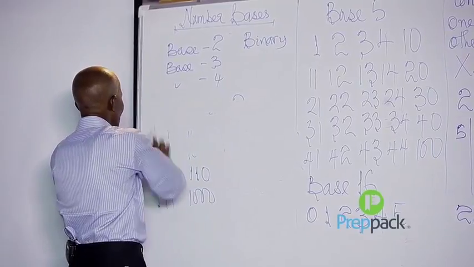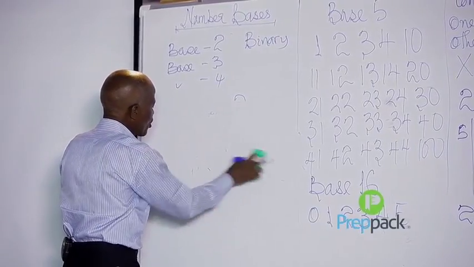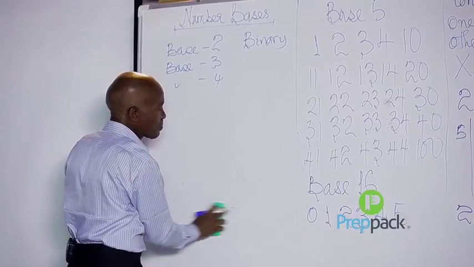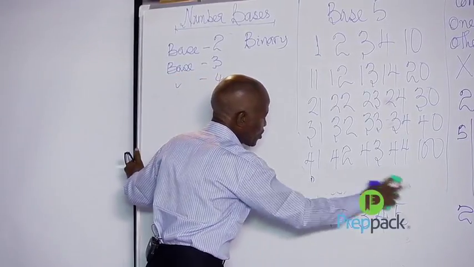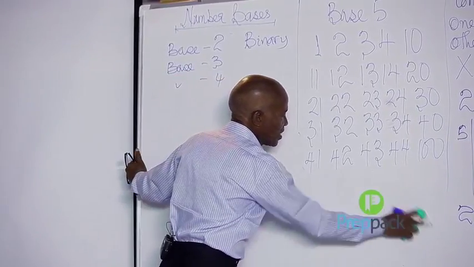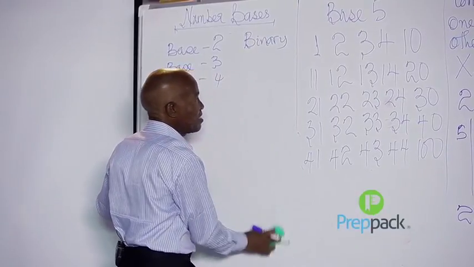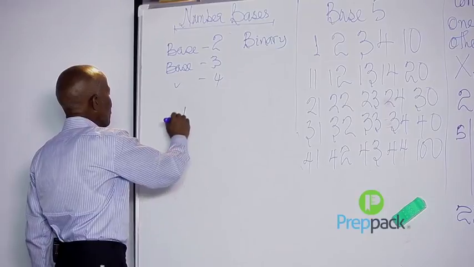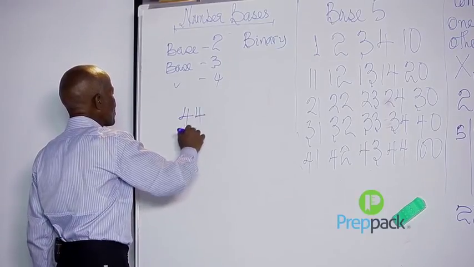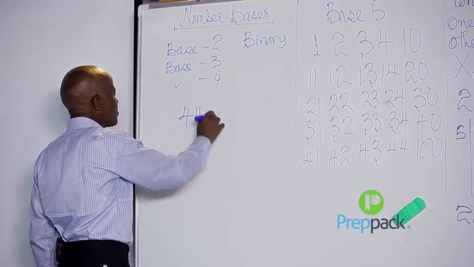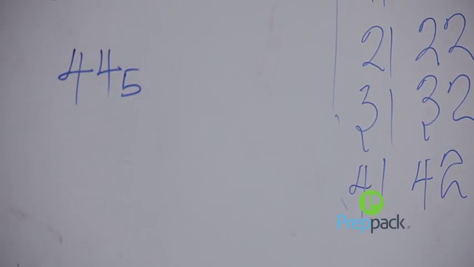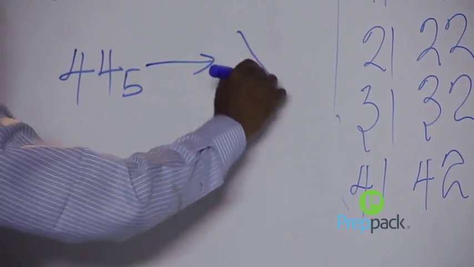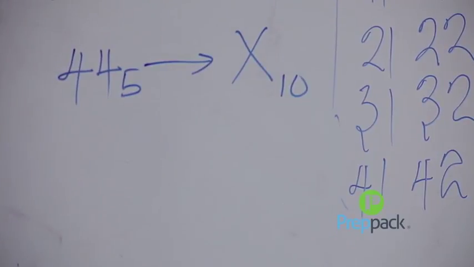Now, what about if we are converting from a given base to base 10? Let's quickly look at that. We are going to pick from these base 5 whose numerals have been written so that we can easily make a reference. Now, we have 44 base 5. What is its equivalent in base 10?